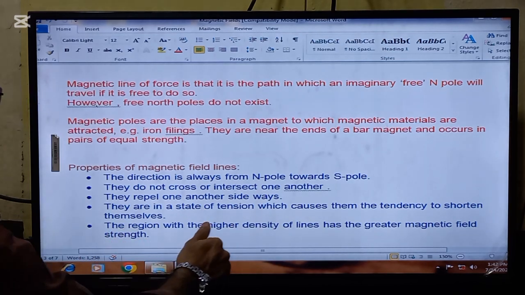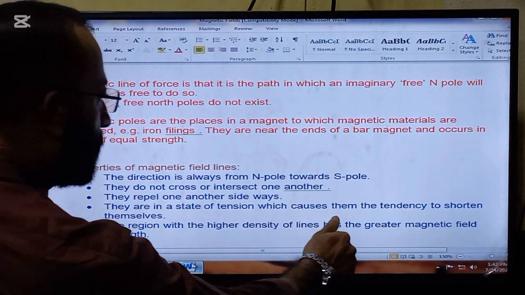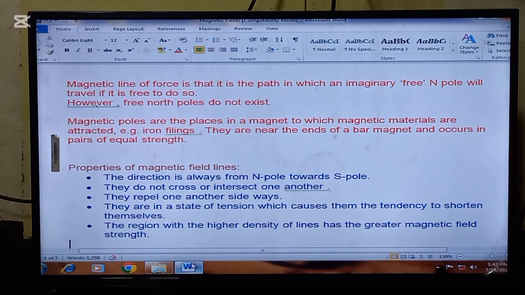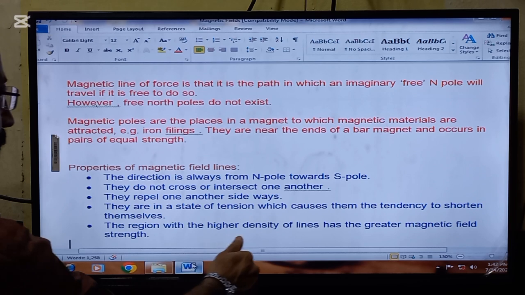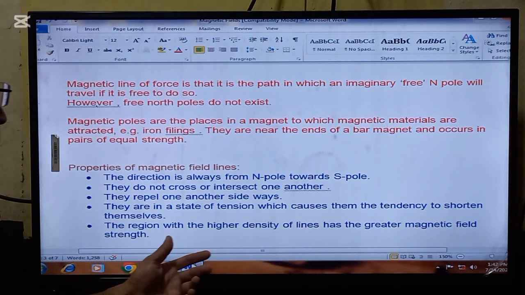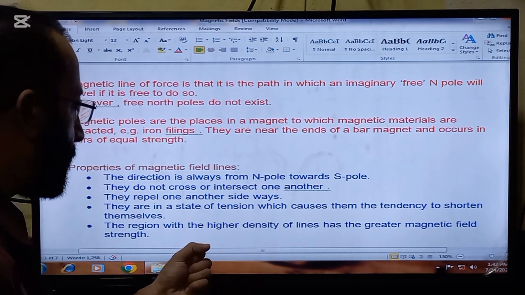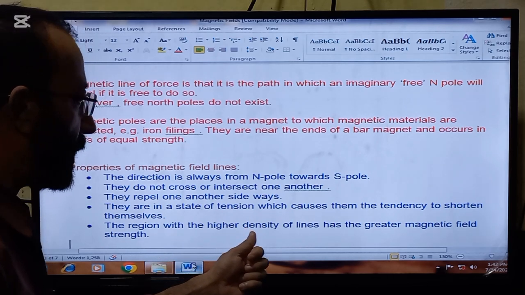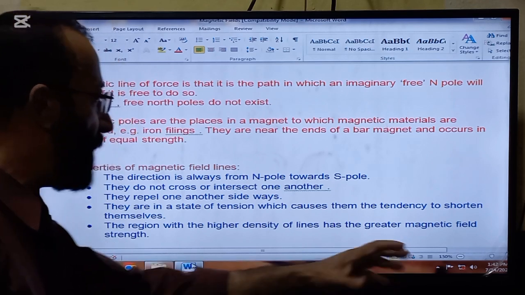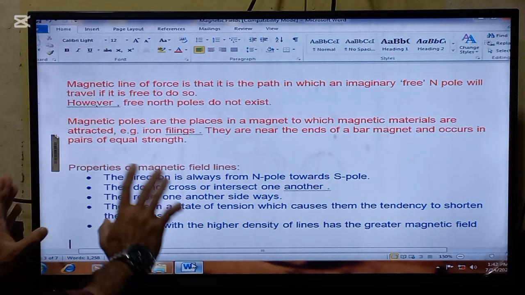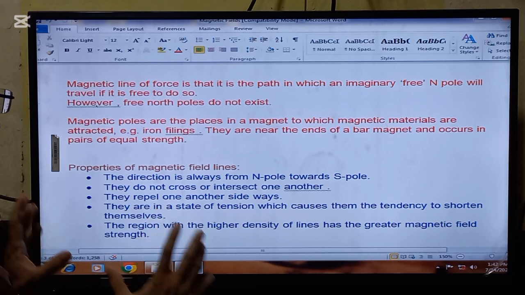They are in a state of tension which causes them the tendency to shorten themselves. And the region with the higher density of lines has the greater magnetic field strength. So the more lines there are, the more the density of the lines, the greater will be the magnetic field strength. So these are the properties which are very, very important.